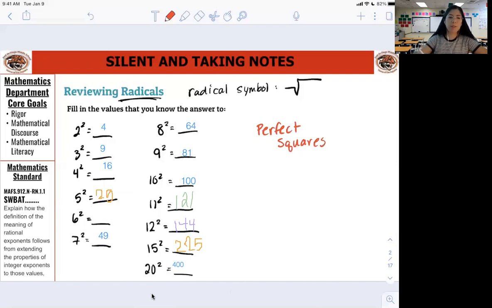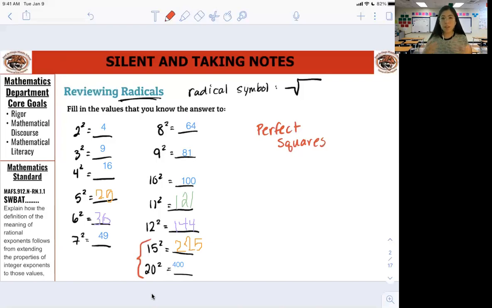And then I skipped 13 and 14, and then 16 and 17, and 18 and 19, because they're not quite as necessary to memorize, but 15 squared and 20 squared, those are also kind of numbers that you should just know off the top of your head. So most of these you guys already knew, right? 3 squared, 4 squared, 5 squared. You guys probably already knew those. 8 squared, 9 squared.